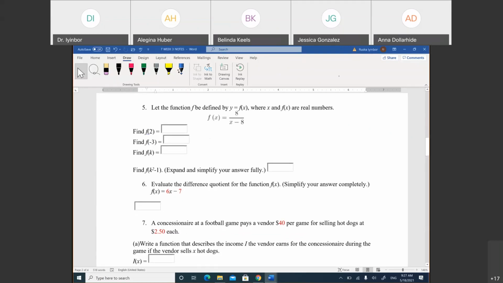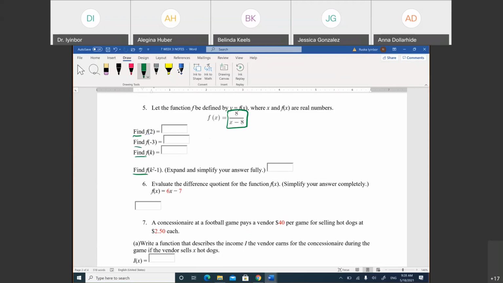So how do you evaluate a function? We're going to be given a function. Number 5 says, let the function f be defined like this. So f of x equals, this is your function. It's a fraction, right? So the function is 8 over x minus 8. That's my function. And what you need to do is find f of 2, f of negative 3, f of k plus k squared minus 1.